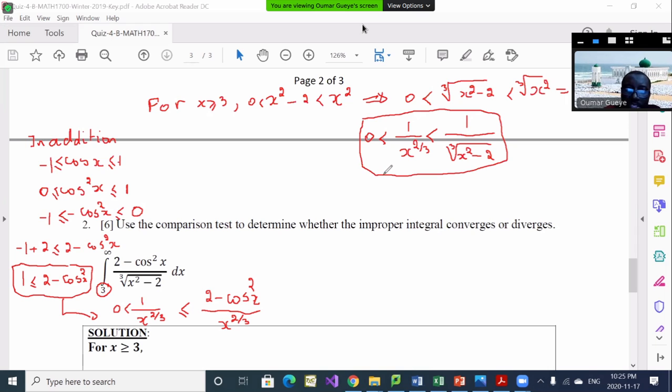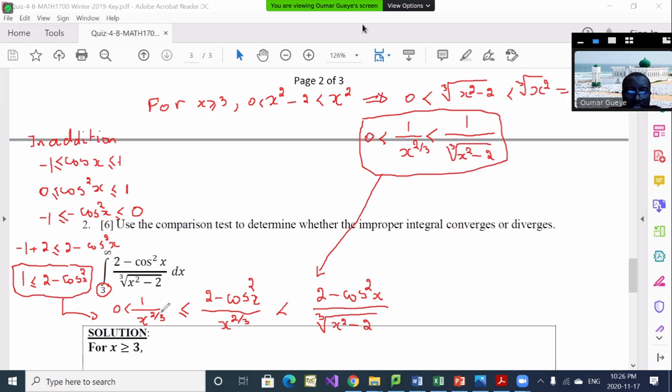Okay, and from this part here, this is less than 2 minus cosine square x over the cubic root of x squared.